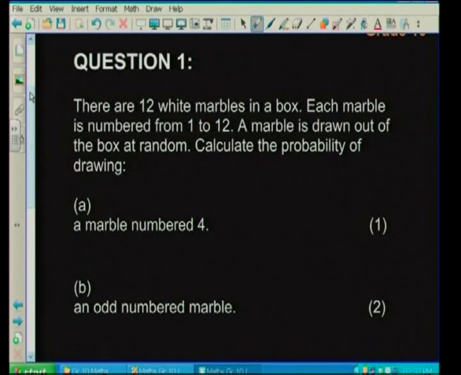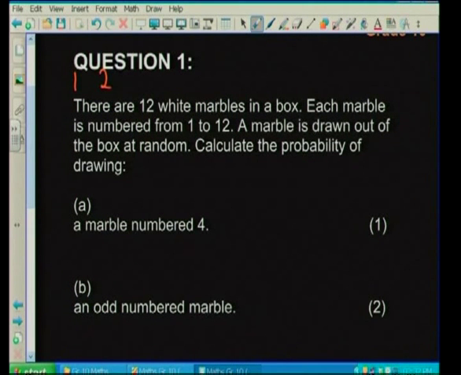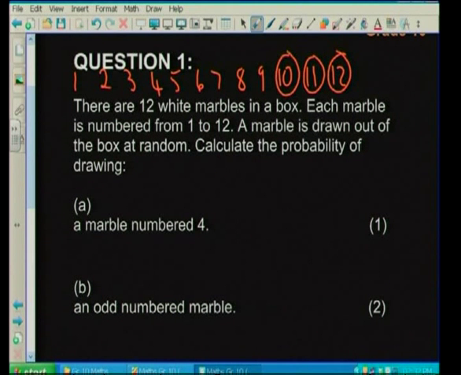A marble is drawn out of the box at random. Calculate the probability of drawing a marble numbered 4. Now, you don't really have to draw the numbers for this. I think this is quite self-explanatory, but let's do it anyway. 1, 2, 3, 4, 5, 6, 7, 8, 9, 10, 11, and 12. We'll put circles around them so that they look like marbles to us.